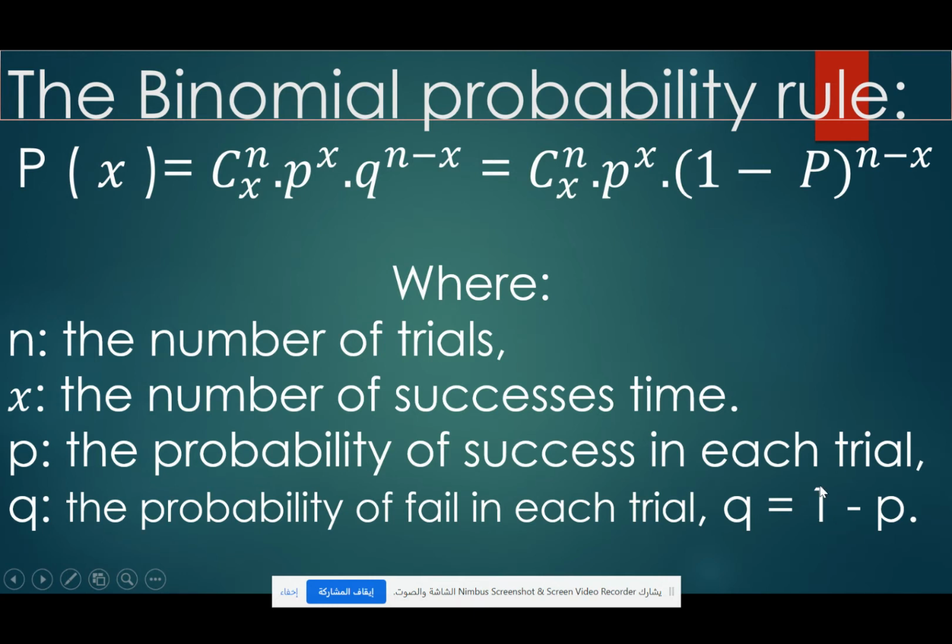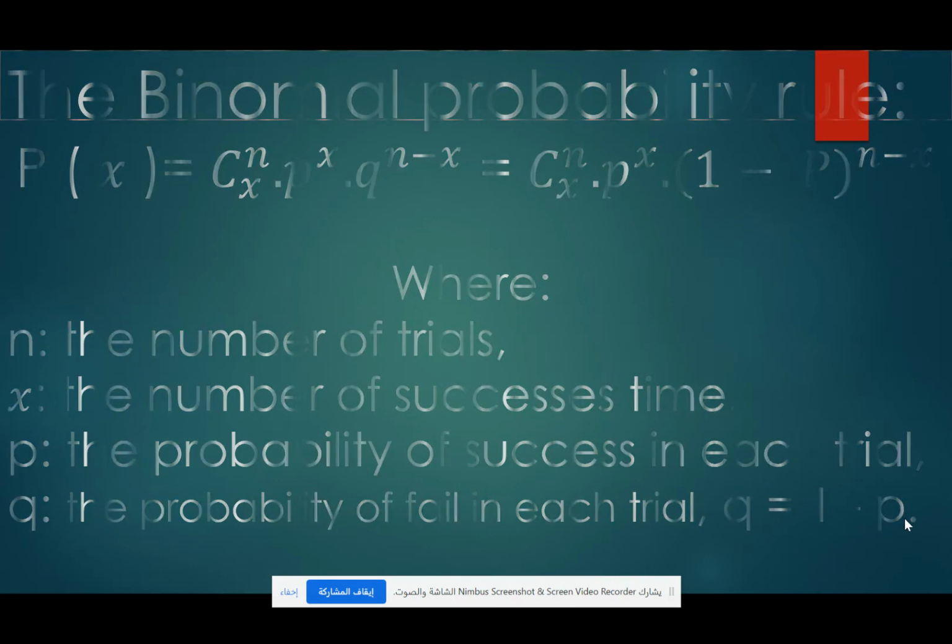Why are we writing 1? Because the highest value for a probability is the probability of the sure event, which is the sample space, the certain event, which is 1. So because of that, we say 1 minus this p.